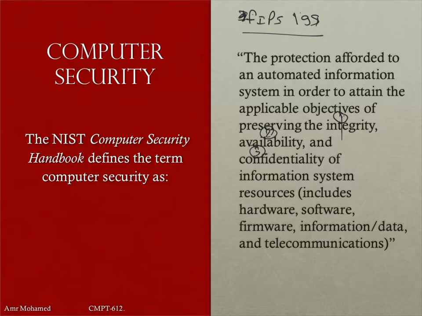But this is the main definition of computer security from the perspective of the FIPS subgroup as part of NIST. What we need to focus on is to understand what these pillars mean: confidentiality, integrity, and availability.